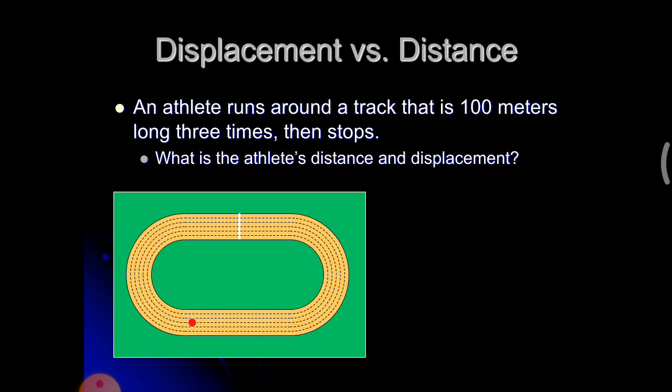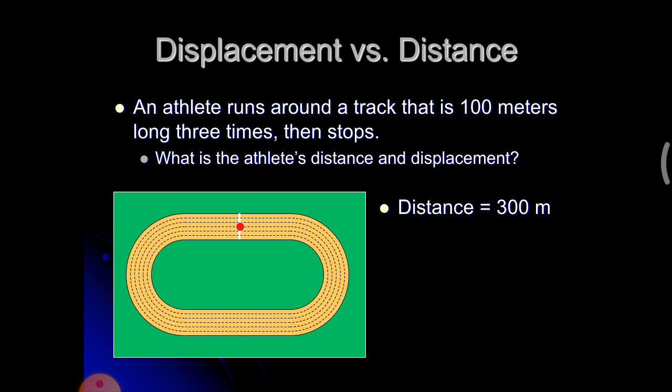The athlete traveled one circle, a second circle and a third circle. The track is 100 meters long. So the distance is equal to 300 meters because the athlete traveled 3 times around 100 meters. So the total distance covered by the athlete is 300 meters.